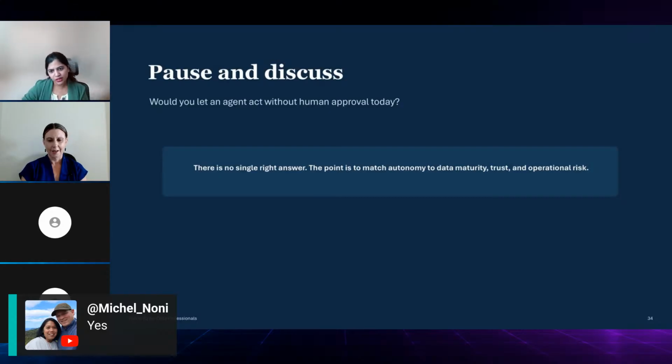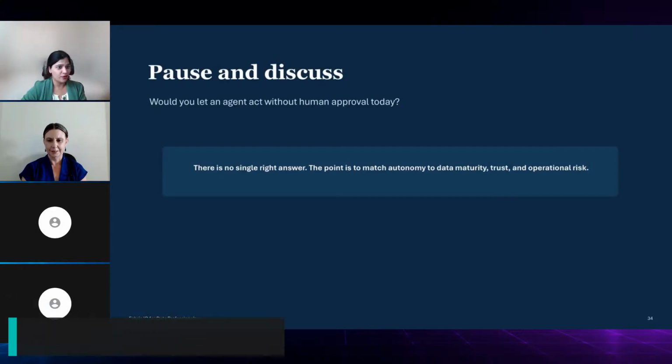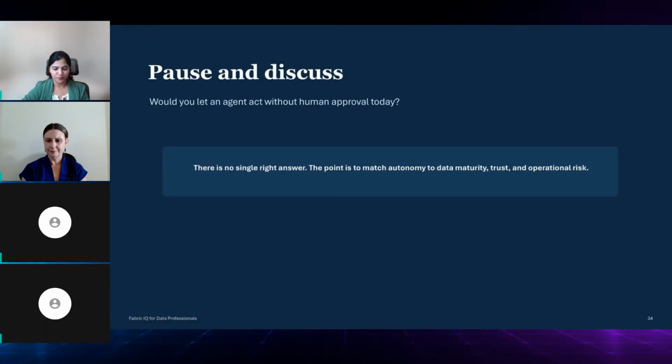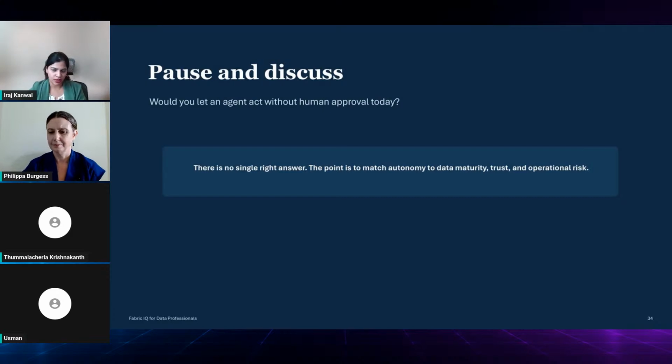So human in the loop, and thank you everyone for all the answers you are giving. That's great. Human in the loop is one important pattern. The agent can detect a condition, explain its reasoning, and send a proposal to a human for approval. That gives the organization a way to learn and build confidence before moving to higher autonomy.